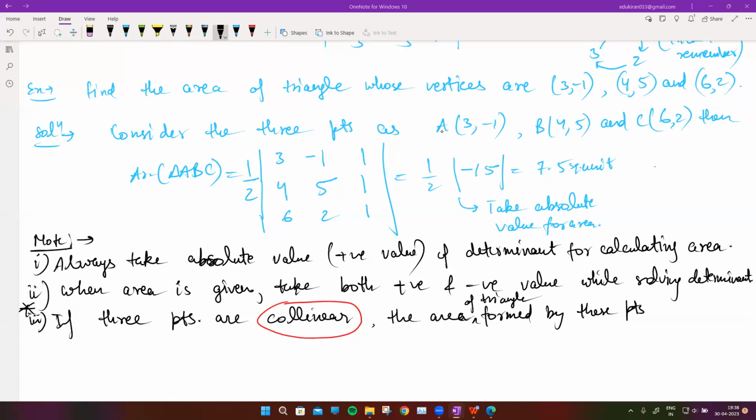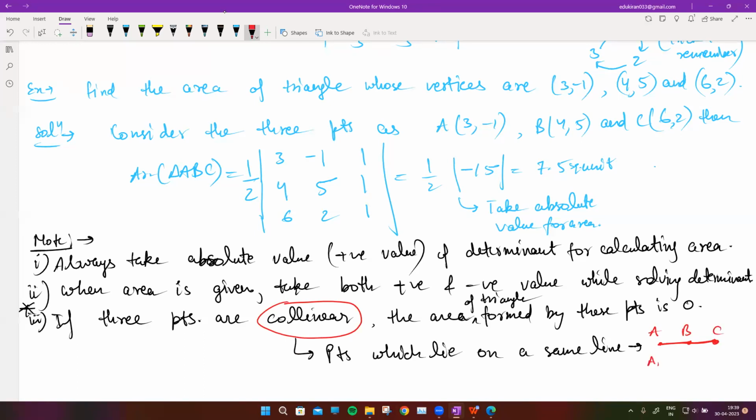Then the area of the triangle formed by these points is 0. So if we are saying the 3 points are collinear, it means that if you draw a line, it will pass through all 3 points A, B, and C. So we can say A, B, and C are collinear.